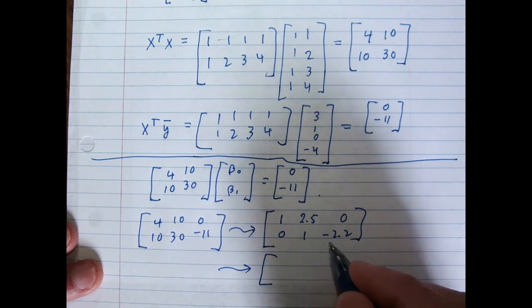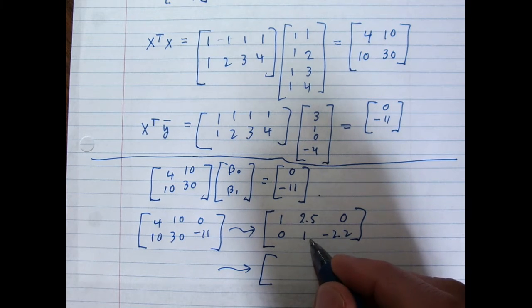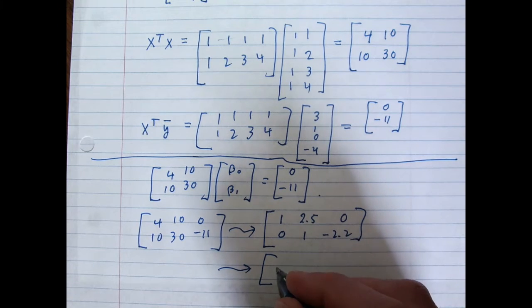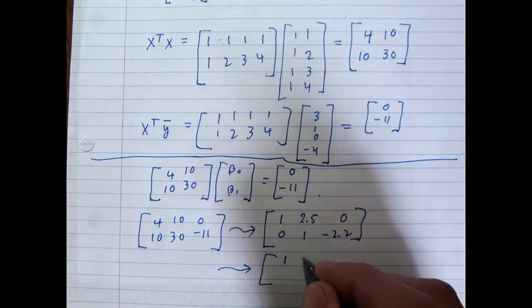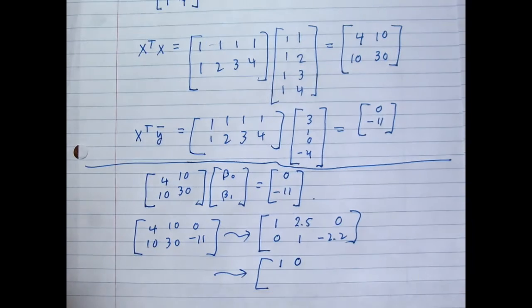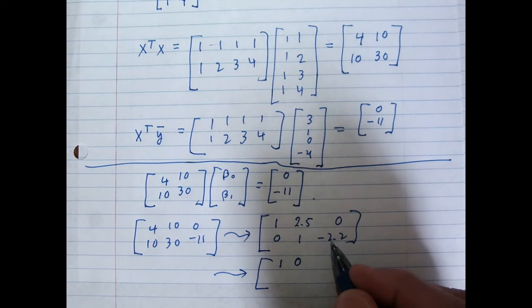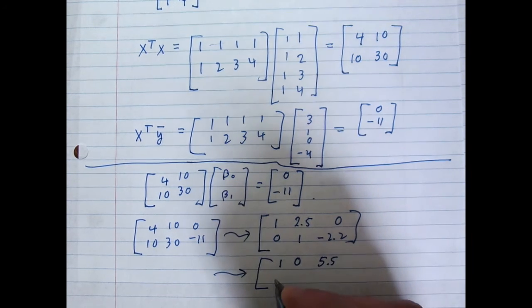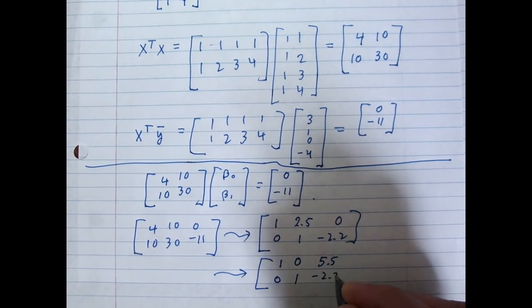So add negative 2.5 times row 2 to row 1. So I'm going to get 1, 0, and now what do I get? 2.2 times 2.5. And I'm going to add a negative of this to this. So I believe I'm going to get 5.5. And then I have 0, 1, negative 2.2.